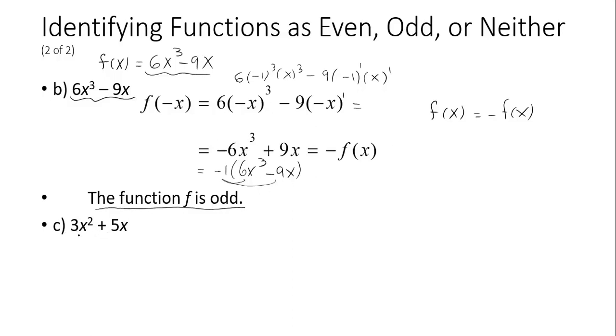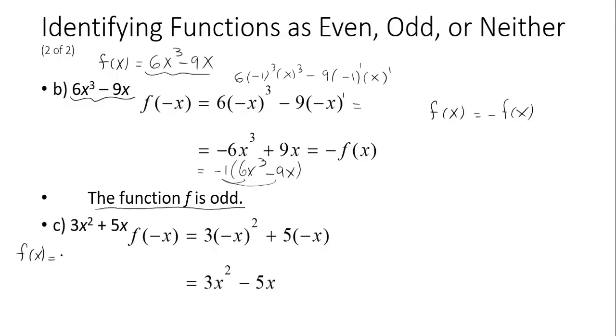Next one, your f of x is given to you as 3x squared plus 5x. This is your f of x. I need to evaluate f of minus x. For each x, I'm going to substitute minus x.